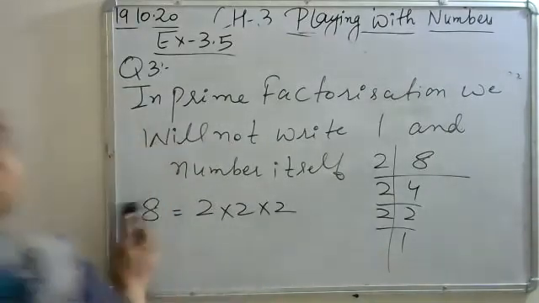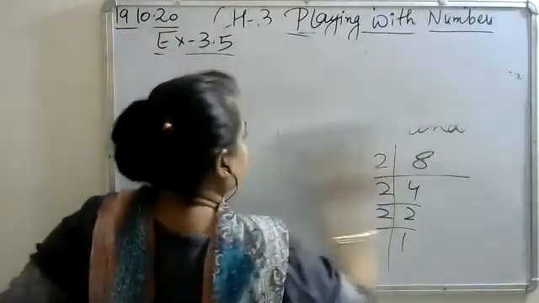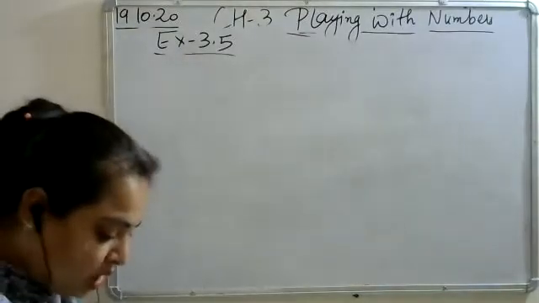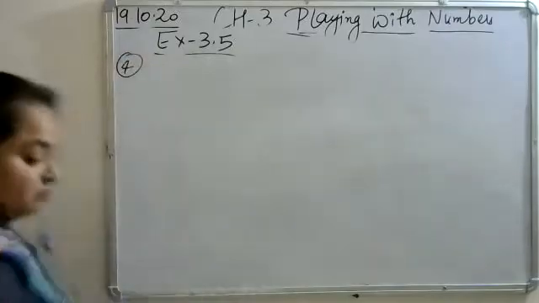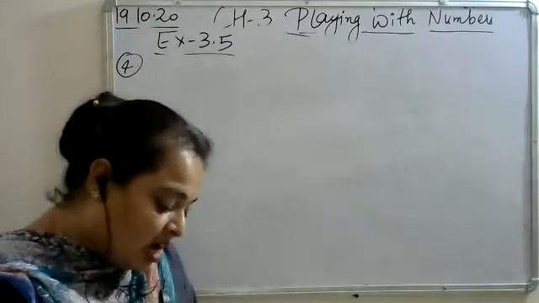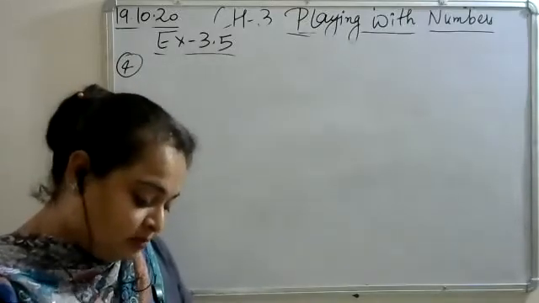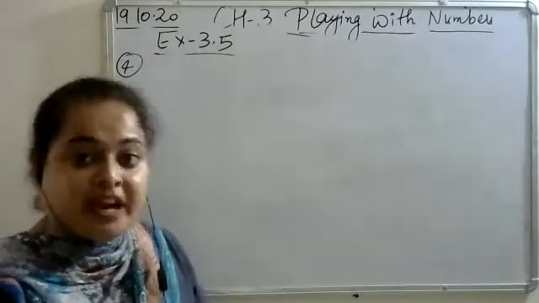Now come to the next. Come to question number 4. Write the greatest 4-digit number and express it in terms of its prime factors.